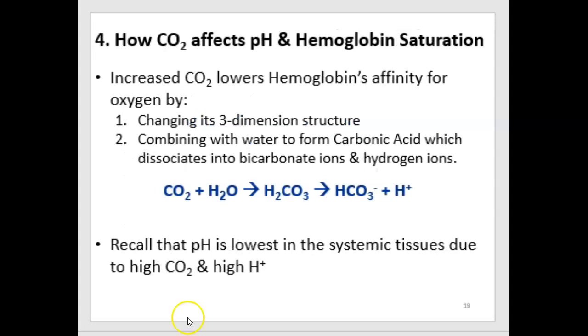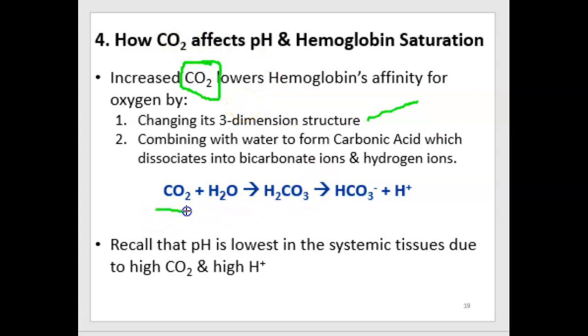Now let's look at how carbon dioxide affects pH and hemoglobin saturation. When you have increased carbon dioxide around, it does lower hemoglobin's affinity somewhat for oxygen, slightly by changing its three-dimensional structure. But more importantly, because carbon dioxide affects pH.